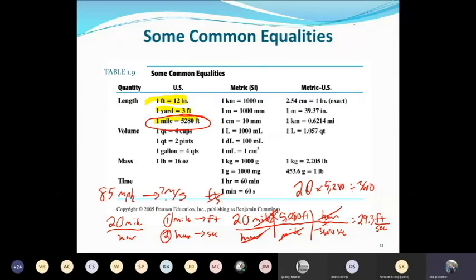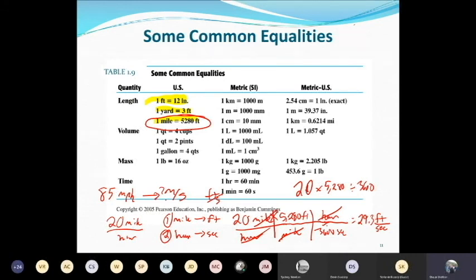Now, think about 85 miles per hour. 85 miles per hour is going to travel how many meters per second? Now, a meter is 39 inches, right? So it's 39.37 inches. So how many meters per second would that be? Now, in order for us to do this, it's the same concept.